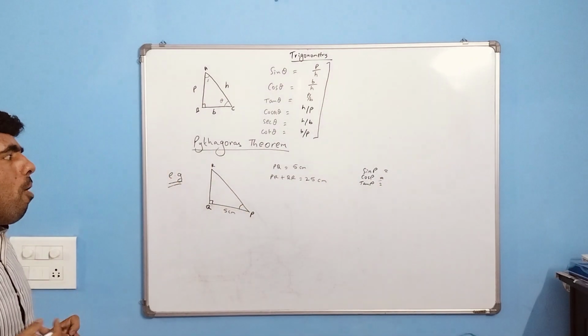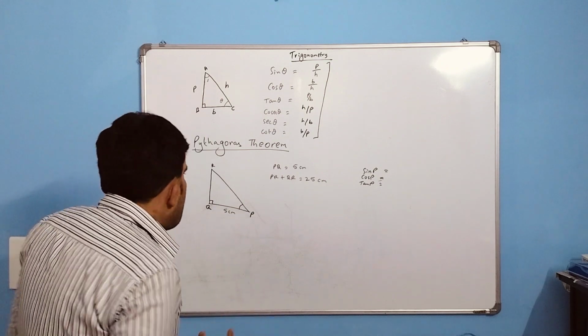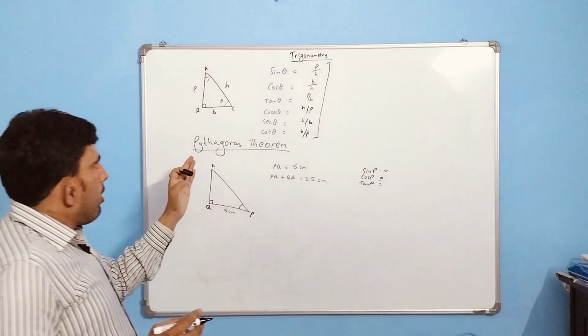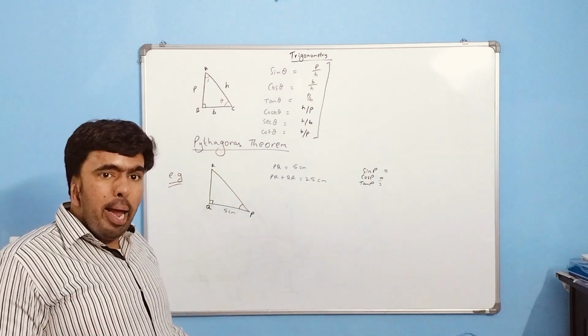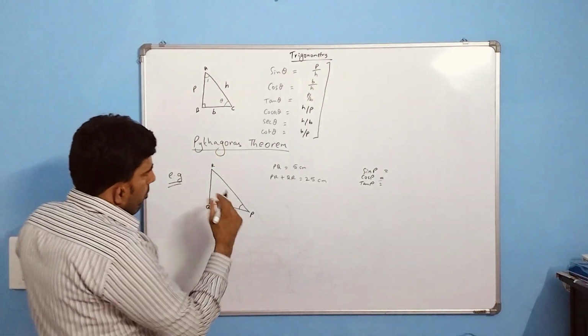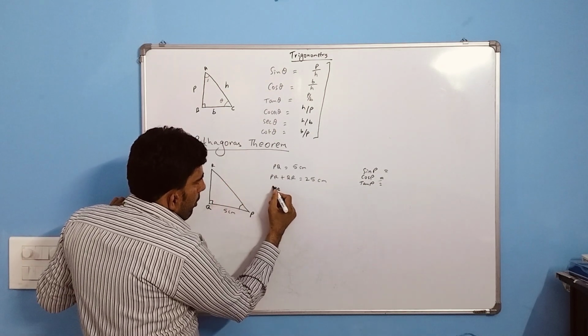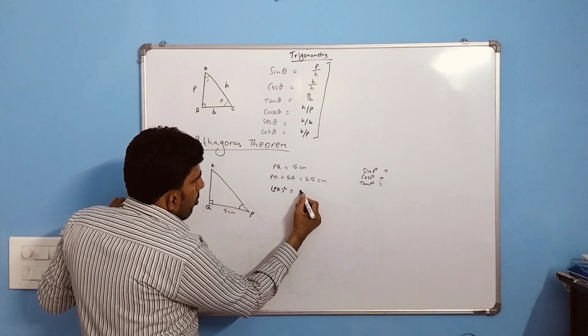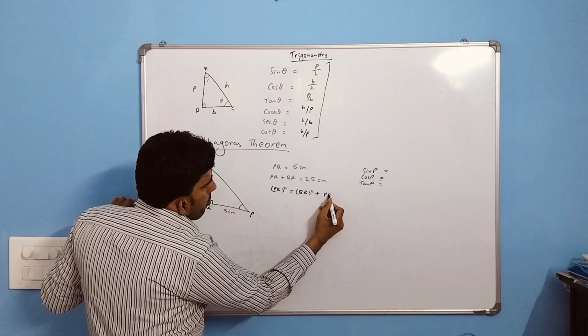Now how will we be able to find it? Let us see what they have given. We need to apply the Pythagoras theorem. If I apply it, PR squared is equal to QR squared plus PQ squared.